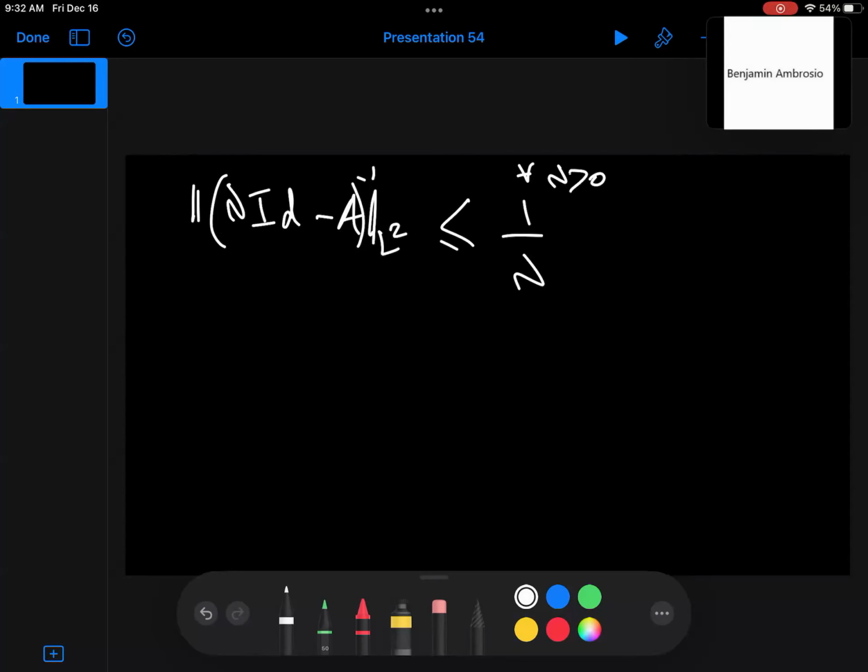We just proved that there exists a unique u such that the integral of grad u grad v plus lambda u v equals fv.